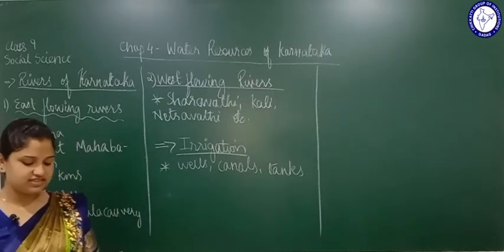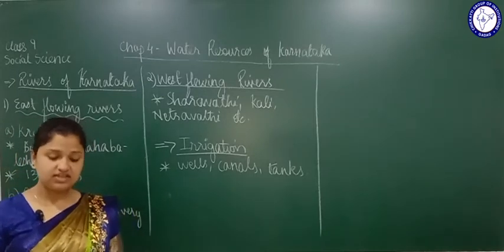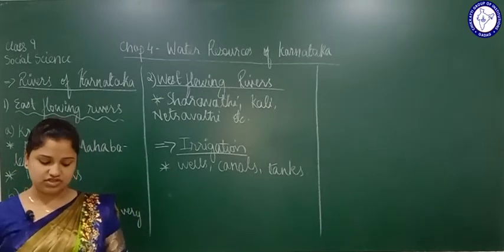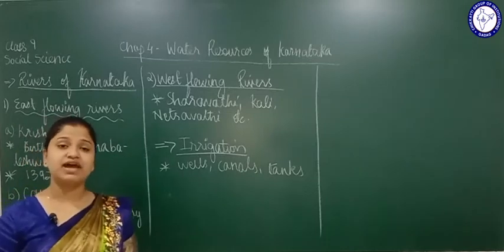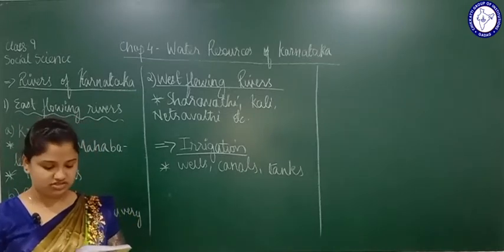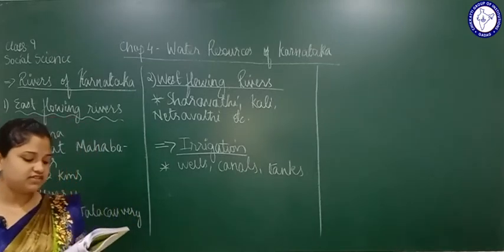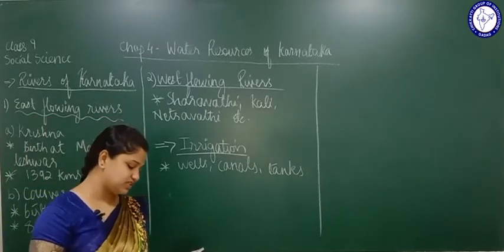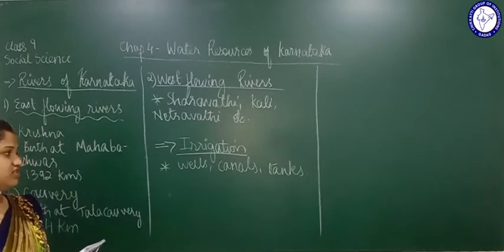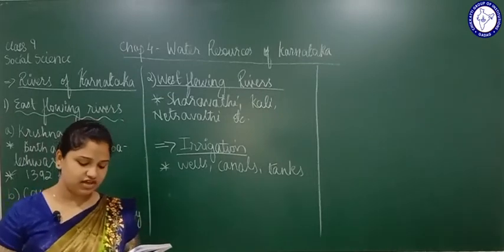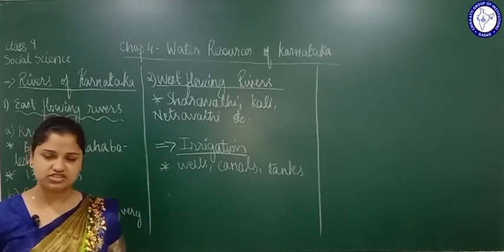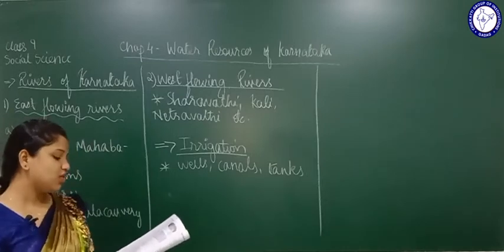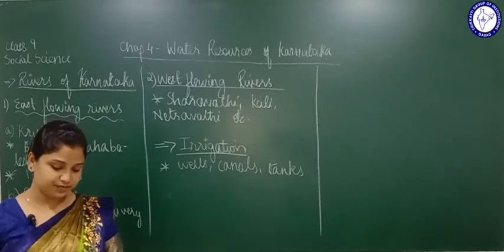Raichur district has the largest area under canal irrigation system, whereas tank irrigation is maximum in Shimoga district. And then we have Belgavi district, which has the maximum of well irrigation. So you have to remember these three: Raichur, largest canal irrigation, then Shimoga, largest tank irrigation, and Belgavi, largest well irrigation, right?